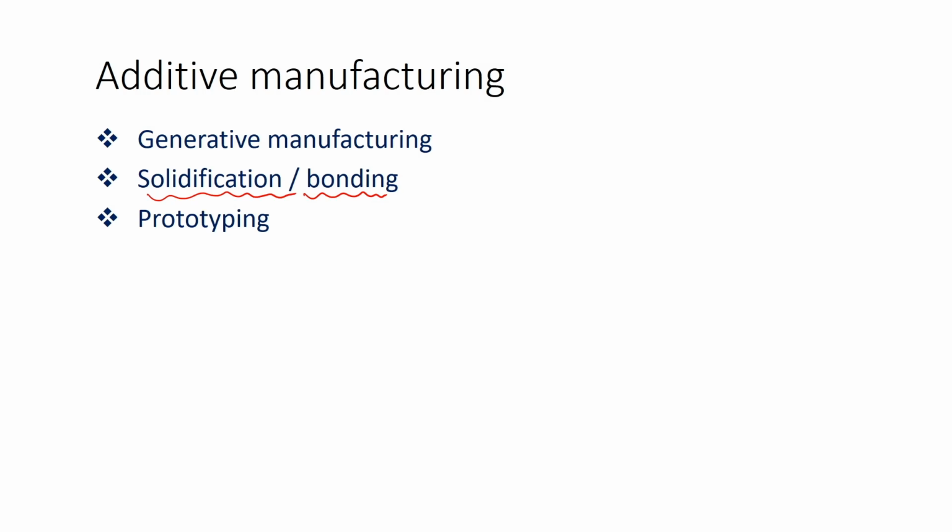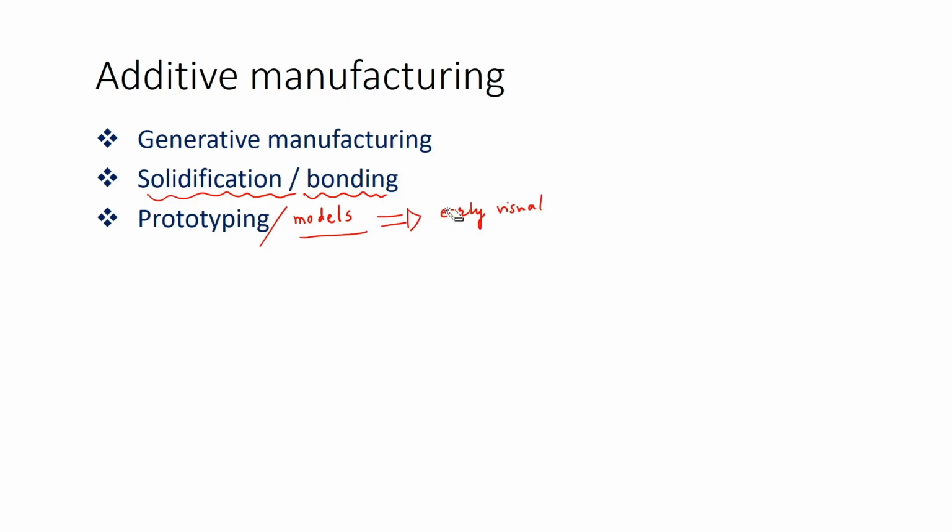Engineers are using 3D printing or additive manufacturing processes to develop prototypes and models, which are useful for the visualization of the product shape in its early phase of development.